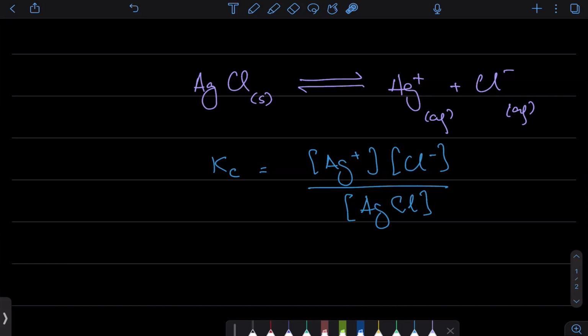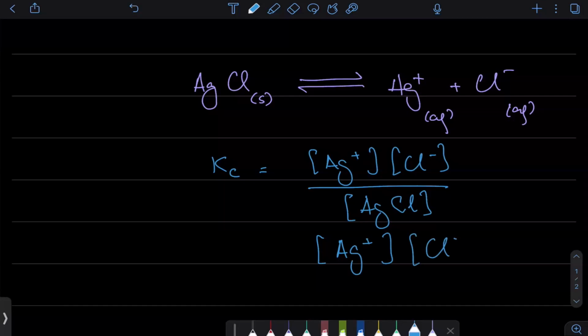So we ignored that. Similarly, we have a reason to ignore silver chloride here because first of all, it's a solid, it's not dissolved. So talking about its concentration doesn't make sense. It's not going to be dissolved in the solution. It's just going to be there. So we will not include this. Instead, we will just keep the ions there. And these are the ions that have actually been dissolved.